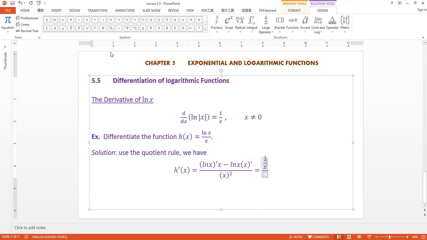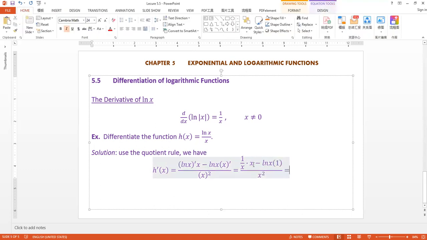So then we have to multiply this by x. The derivative of ln x is 1 over x times x, minus x times the derivative of x, and we know the derivative of x is just 1. And at the bottom, the square of x is just x squared. So that's pretty straightforward.